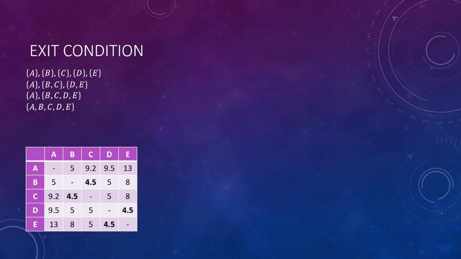So what's closer, B to C or D to E? So if we look at this table, B to C is 4.5, and E to D is 4.5 as well. So the distance between both are both 4.5. So this is a problem because neither of them are closer because they're equidistant.